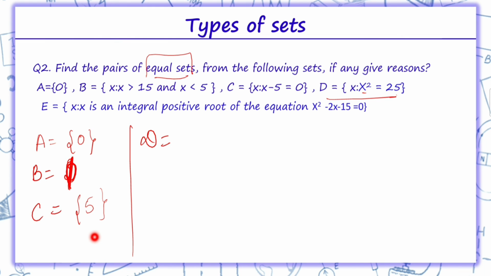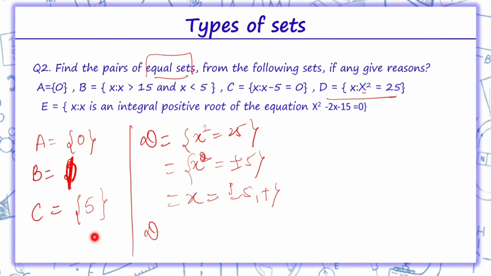When we solve it, x square is 25, so we'll get x is equals to plus minus 5. So this D set will be minus 5, plus 5.